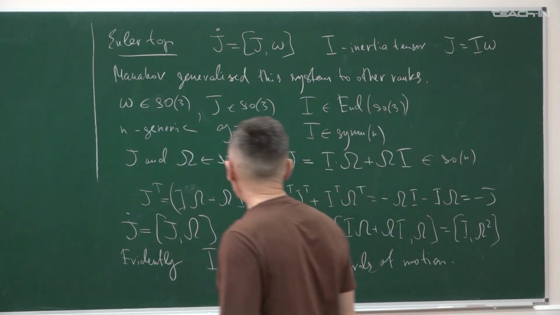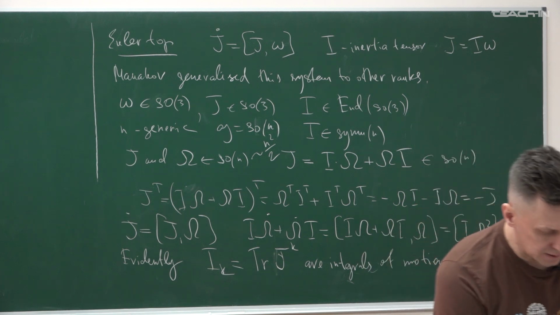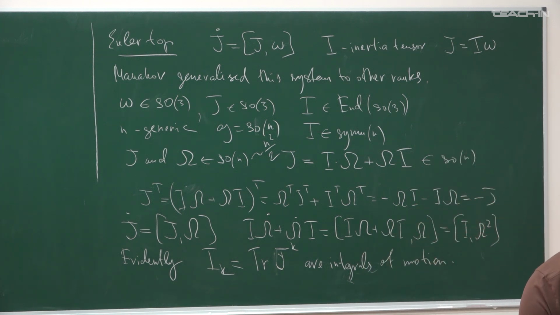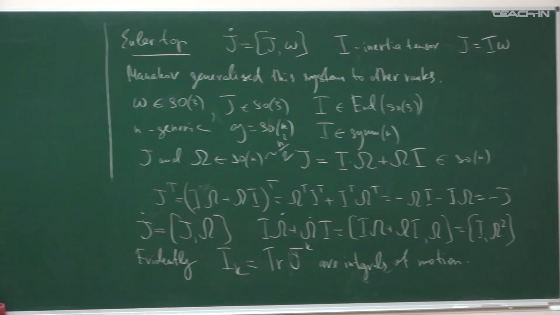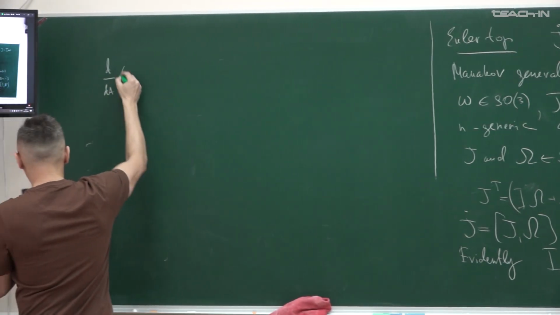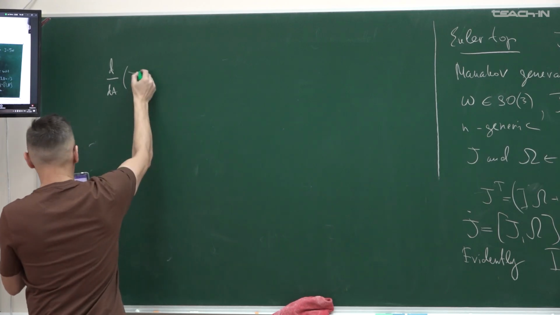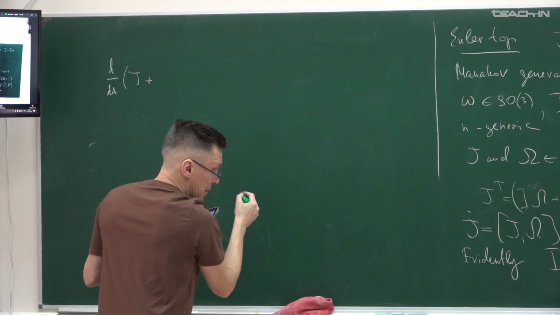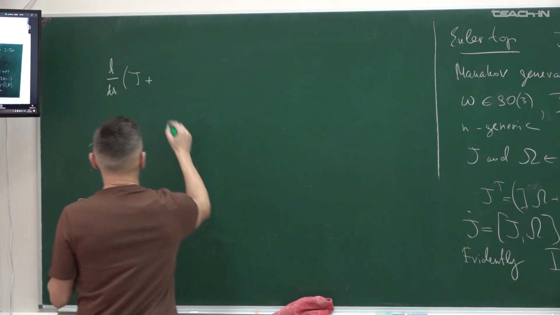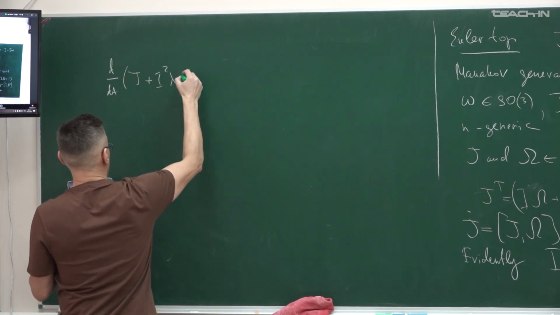Monakov found that this system can be written in a generalized form, d/dt of J plus I square lambda.